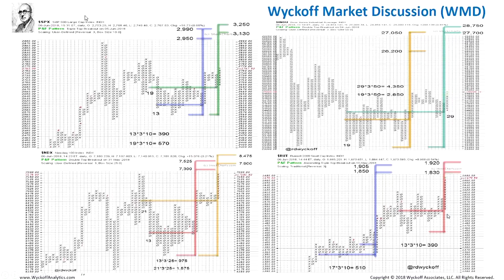And then the Russell. And the Russell just looks the best of all, even on the point and figure counts. And there's sort of a cool thing at work here. And that is that we have a reaccumulation count here, 17 columns wide, takes us to 1815, 1905.